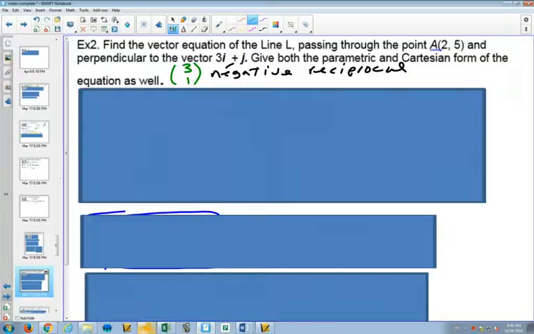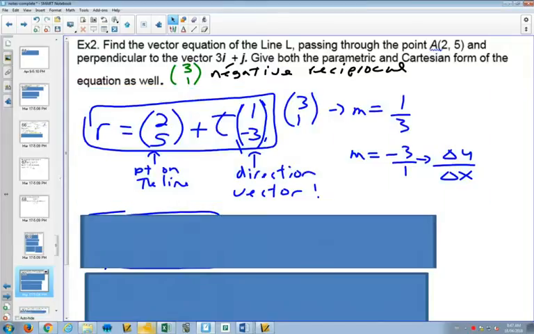The same thing's going to happen with a vector. If that's my direction vector and I want to find a perpendicular one, I just need to flip it and make it negative. It doesn't matter which coordinate you make negative. So you could have what I have here as 1, -3, or you could have it as -1, 3.